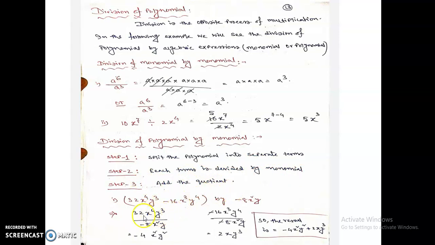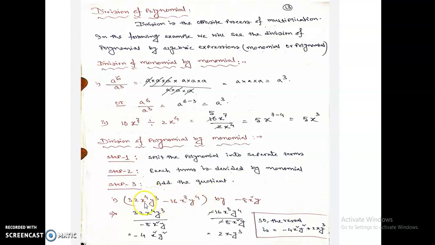Like if we divide 32x to the power 4 y cube by minus 8x square y, this will give us 32 by minus 8, minus 4, x to the power 4 by x square, so x square, y cube divided by y, and it will give you y square. Okay, so in this way we will have to divide different polynomial expressions or algebraic expressions by other algebraic expressions.